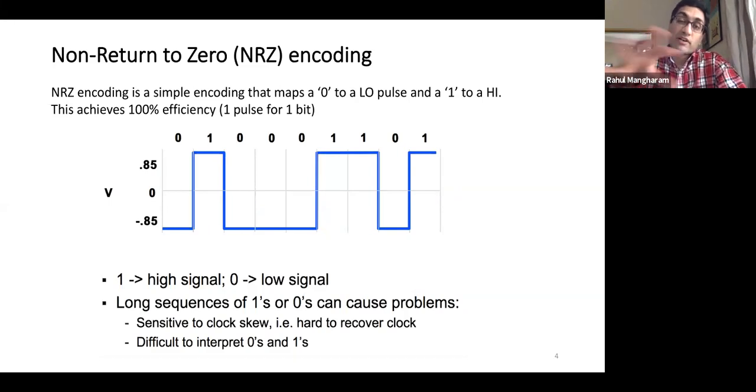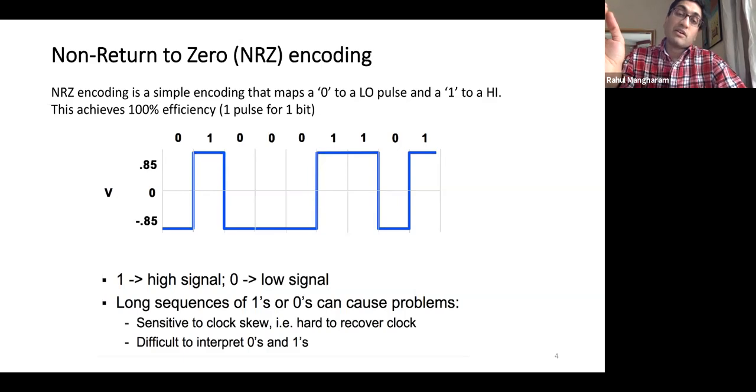Even if all of us bought the same type of 16 megahertz crystal, we will not be operating at exactly 16 megahertz, right? You'll be going at say 16 megahertz plus say 20 hertz.